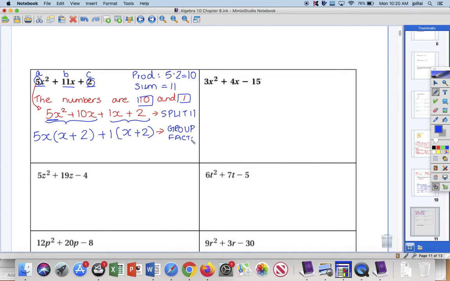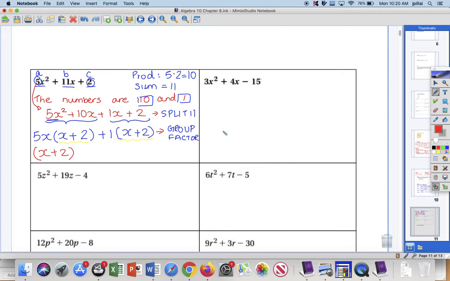Now, if you did this all correctly, these two terms should come up to be the same, like x plus 2 and x plus 2. If you did not get it right, then you have to go back and rework. Now, if you notice, the two terms x plus 2 and x plus 2 are the same, so we factor that out.